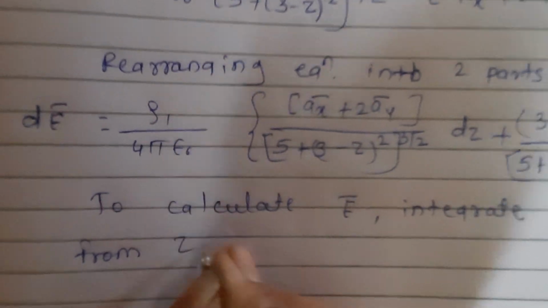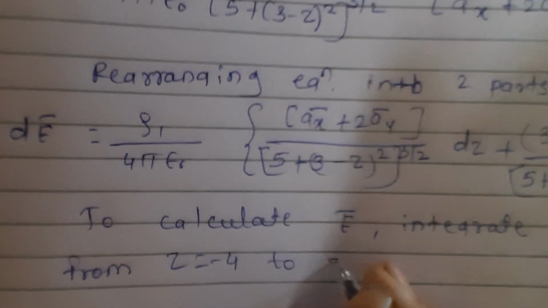from z is equal to minus 4 to z is equal to plus 4.